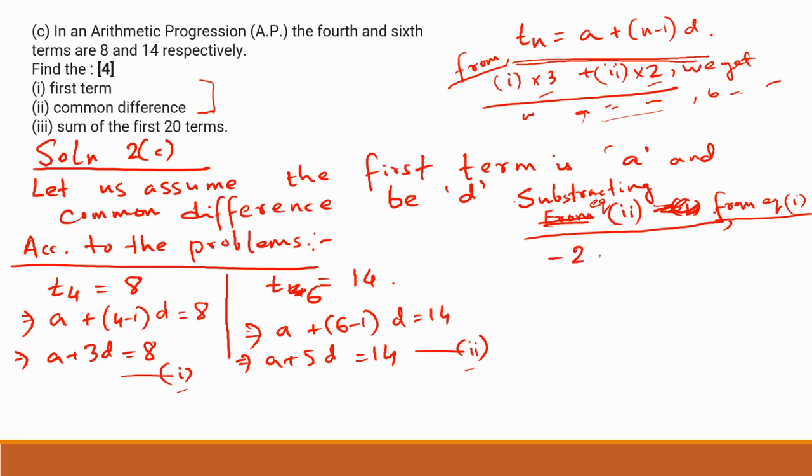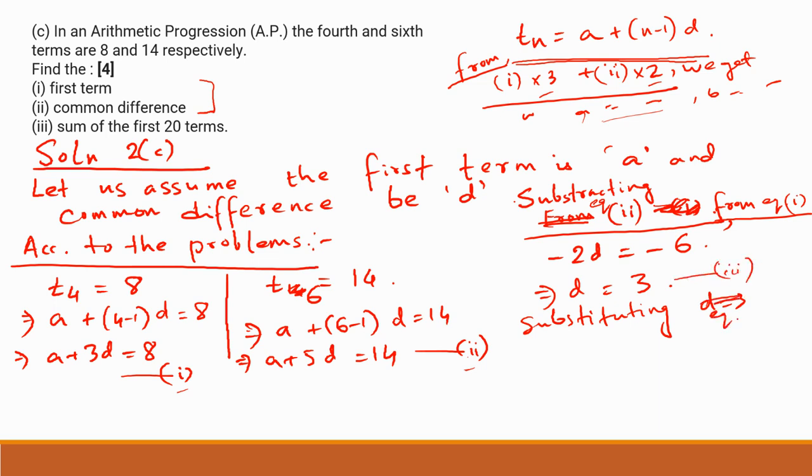So we are subtracting equation 2 from equation 1. We get minus 2d equals minus 6. So we get d equals 3. Substituting d equals 3, or if you want, you can write equation 3, so you can write substituting equation 3 in 1.